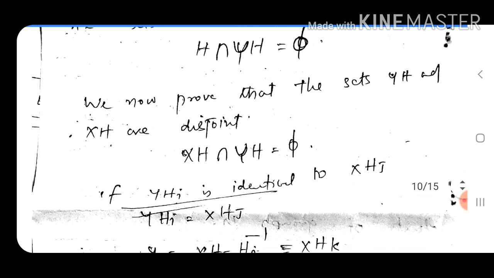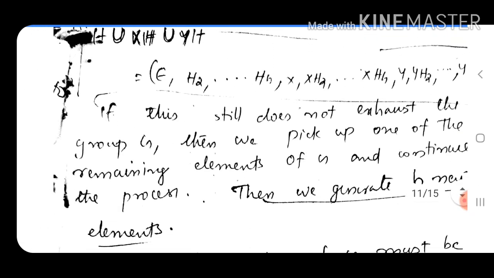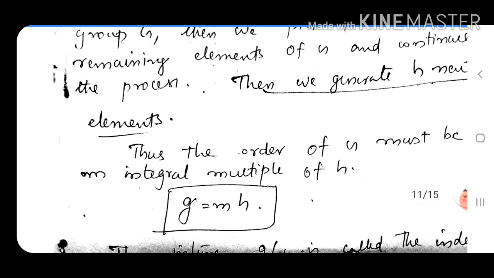Then we took Y and again formed the left coset with H, so H union XH union YH now has 3h elements, and we continue this process. Each time we will be adding h new elements from group G, and we stop when the group is exhausted.